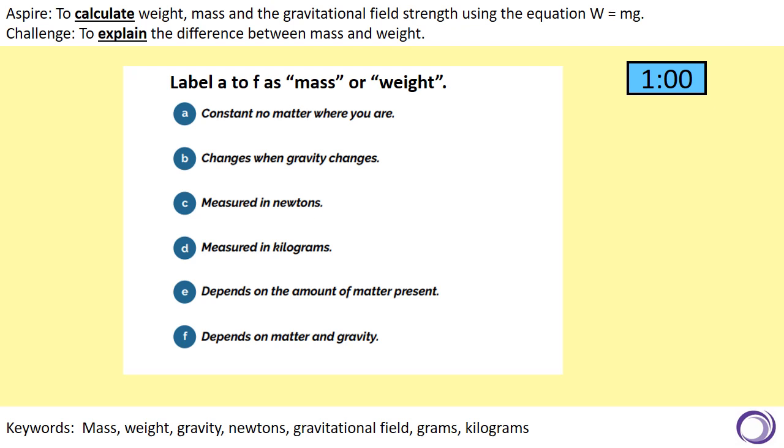A little quick 1 minute to finish us off. All I want you to do on A, B, C, D, E and F is just to say whether that sentence is describing mass or describing weight.